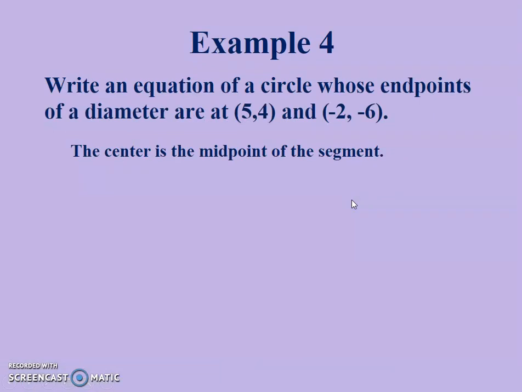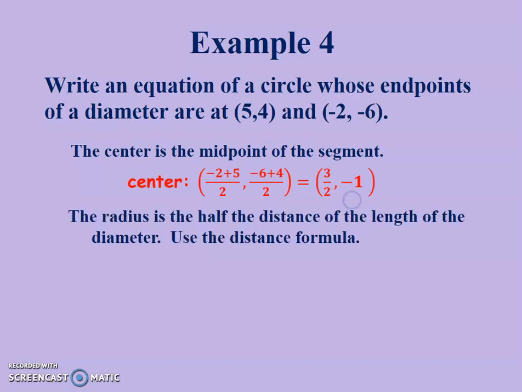So I'll first find the midpoint. Using the midpoint formula, I get a center of 3/2, -1. And then I'm going to use the distance formula between, looks like I used 5, -2 and 4, -6. So once I find the distance between these 2 points, that's just giving me the distance formula in the numerator. That will be the diameter.